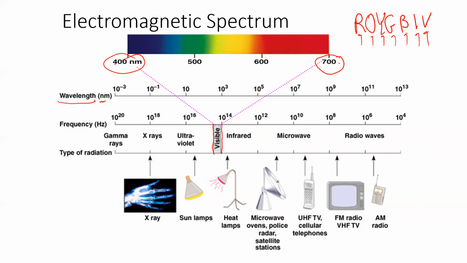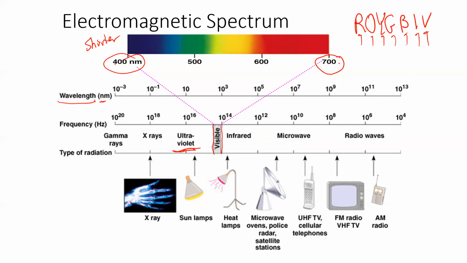Well, shorter wavelengths, shorter than the violet light in the visible spectrum, are within the ultraviolet region. We know that too much ultraviolet can actually cause skin damage. It can excite electrons and break bonds. That's why too much sun is dangerous.